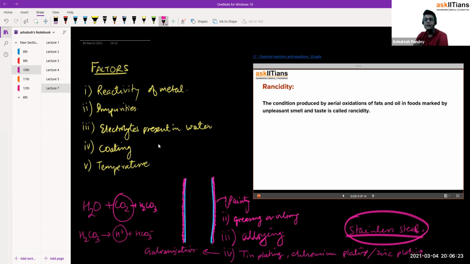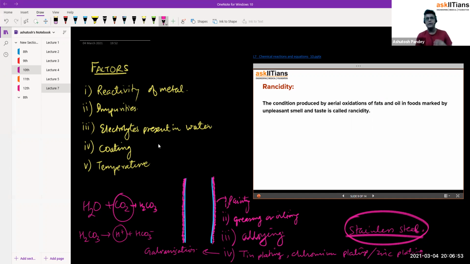Now rancidity is associated with food items, the condition produced by aerial oxidation. It means that we have food items, and due to the oxygen present in air, they get oxidized. The condition produced by aerial oxidation of fats and oil in food, marked by unpleasant smell and taste, is called rancidity.